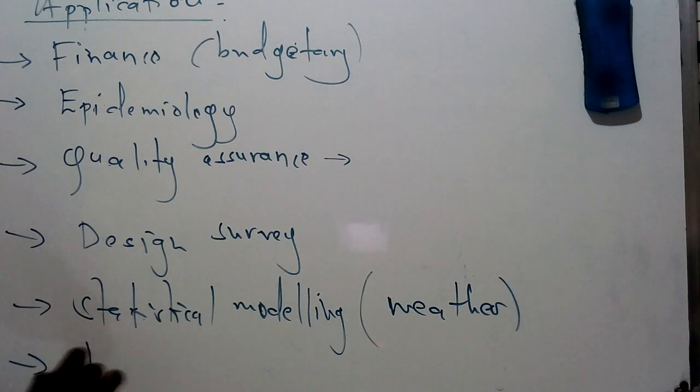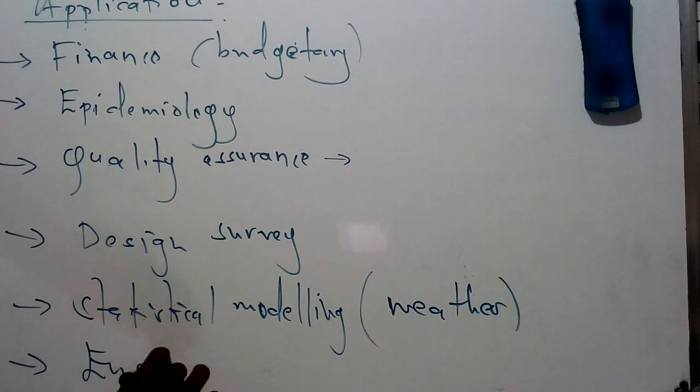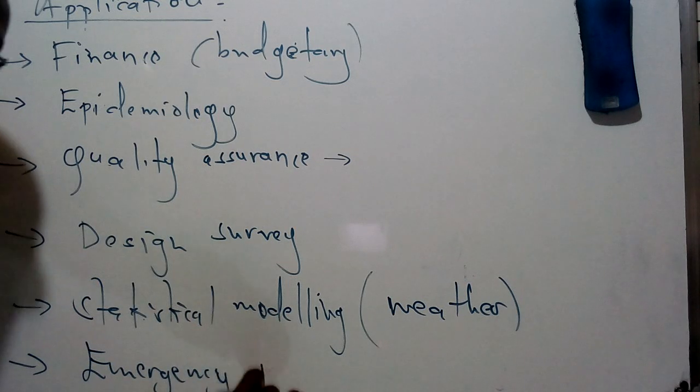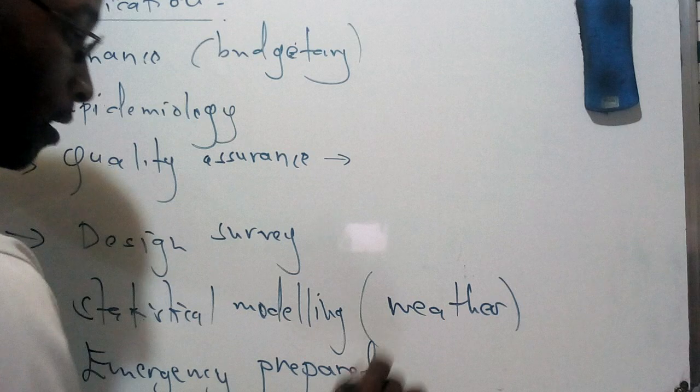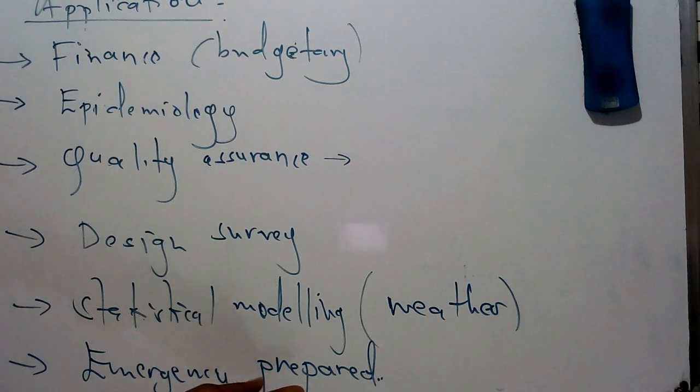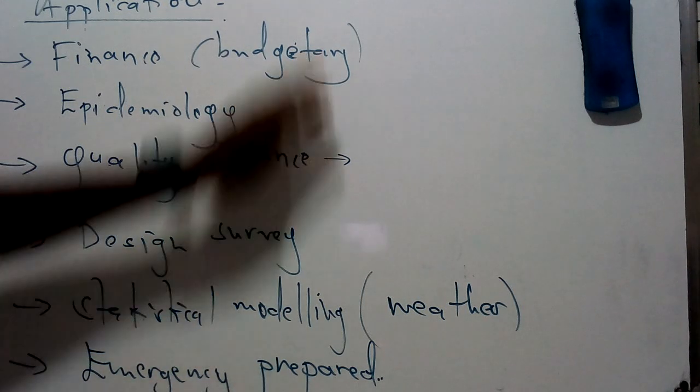And lastly, we can talk about the concept of emergency preparedness. Emergency preparedness is going to assist us in taking effective measures before a tragedy or a natural calamity, like tornadoes or extreme weather conditions, destroys property and life. And this is done using the concept of statistics.